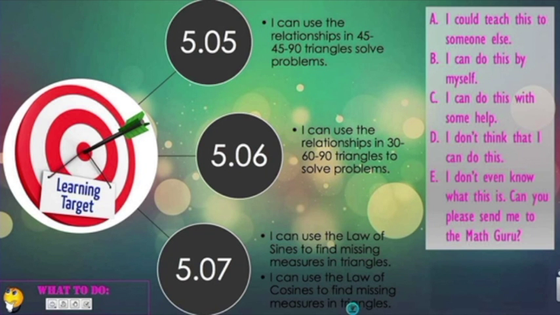And here are the three objectives that we will be working on. The first one will be to use the relationships in 45, 45, 90 triangles to solve problems. Then use the relationships in 30, 60, 90 triangles to solve problems. And then use the law of sines and the law of cosines to find missing measures in triangles.